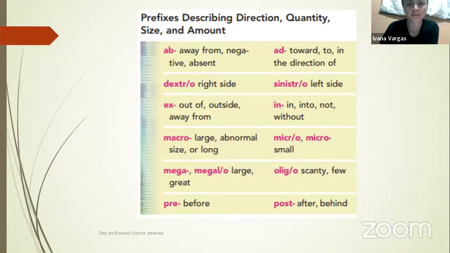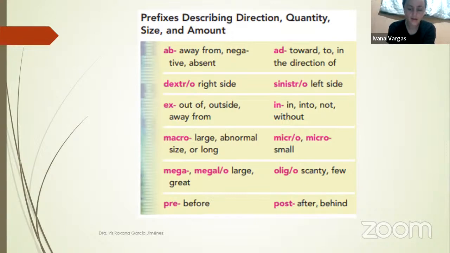Prefixes describing direction, quantity, size, and amount. Ab, away from, negative, absent. Ad, toward, to, in the direction of. Dextro, right side. Ex, out of, outside, away from. Macro, large, abnormal size or long.